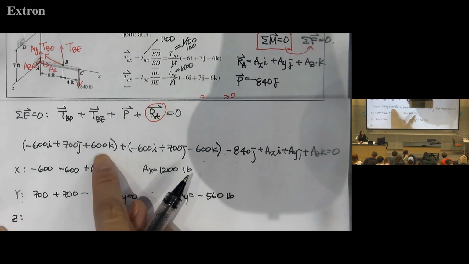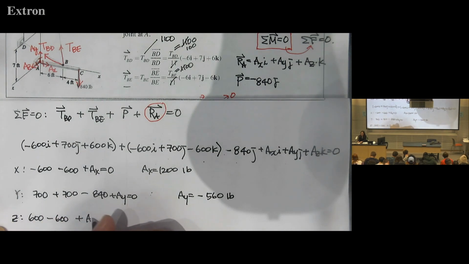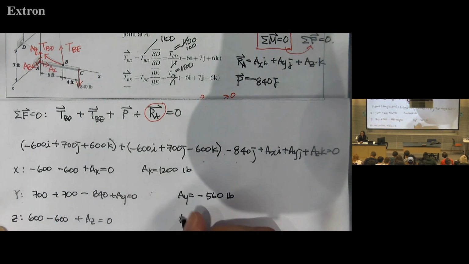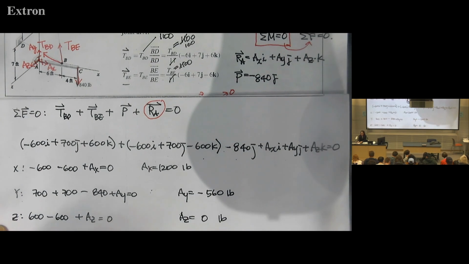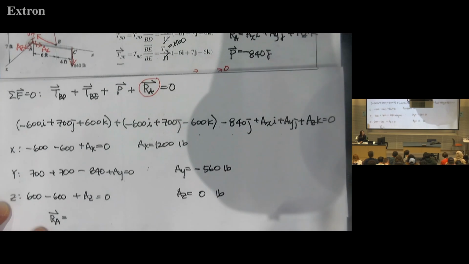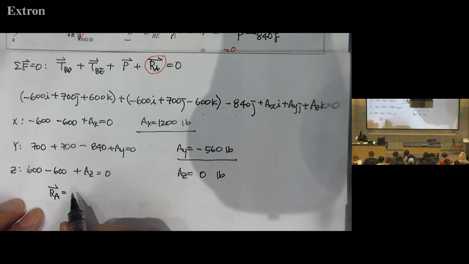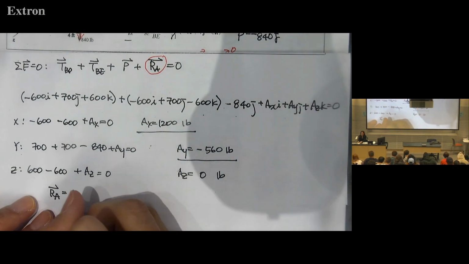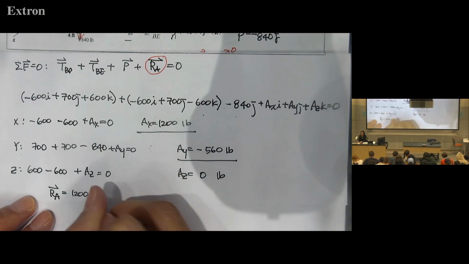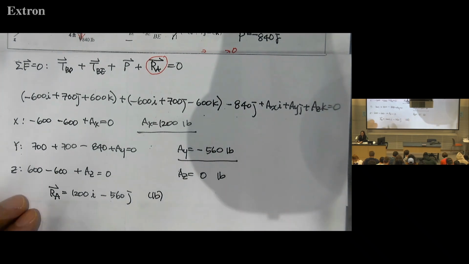And then z in front of k, so 600 minus 600 plus AZ. So AZ is 0. And the final answer, the reaction at A, use these two components and the directional vector. So 1200i minus 560j, the unit is pounds.